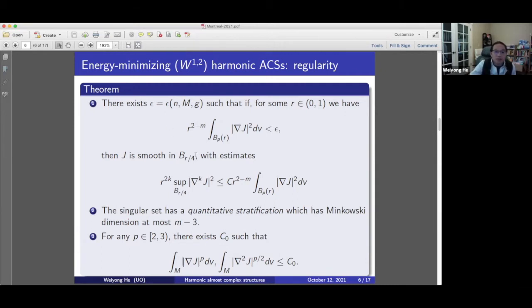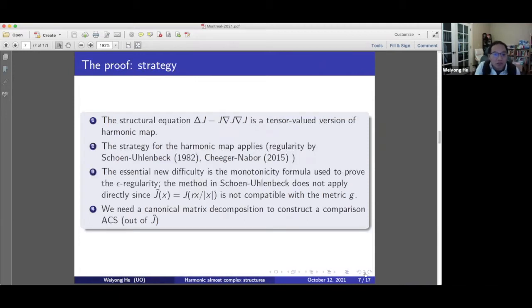The first part is parallel to the results of Schoen and Uhlenbeck in the 1980s. The latter part is the corresponding result of Aaron Naber and Jeff Cheeger, I think. Yeah, so that's the corresponding results.